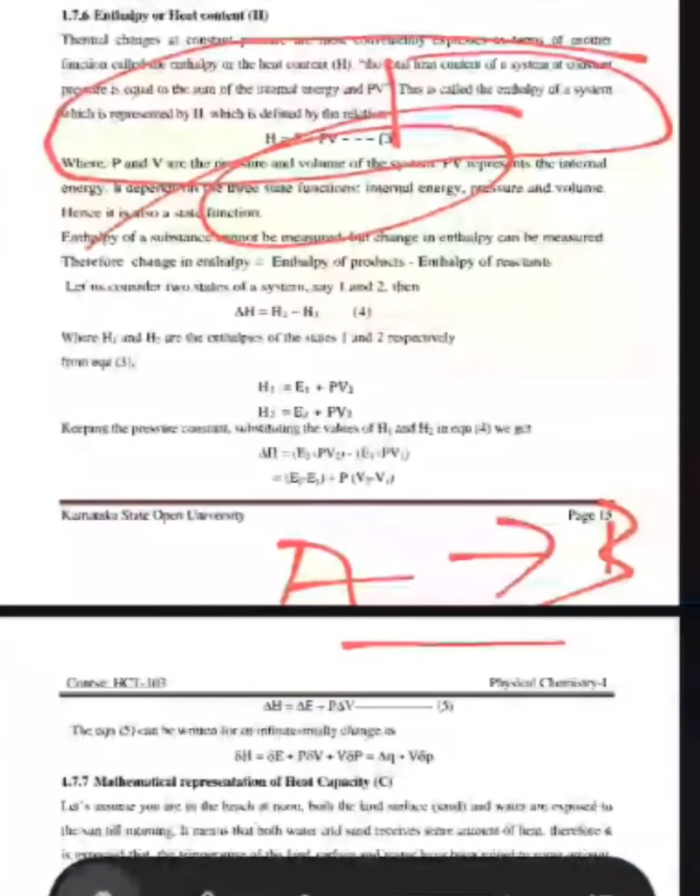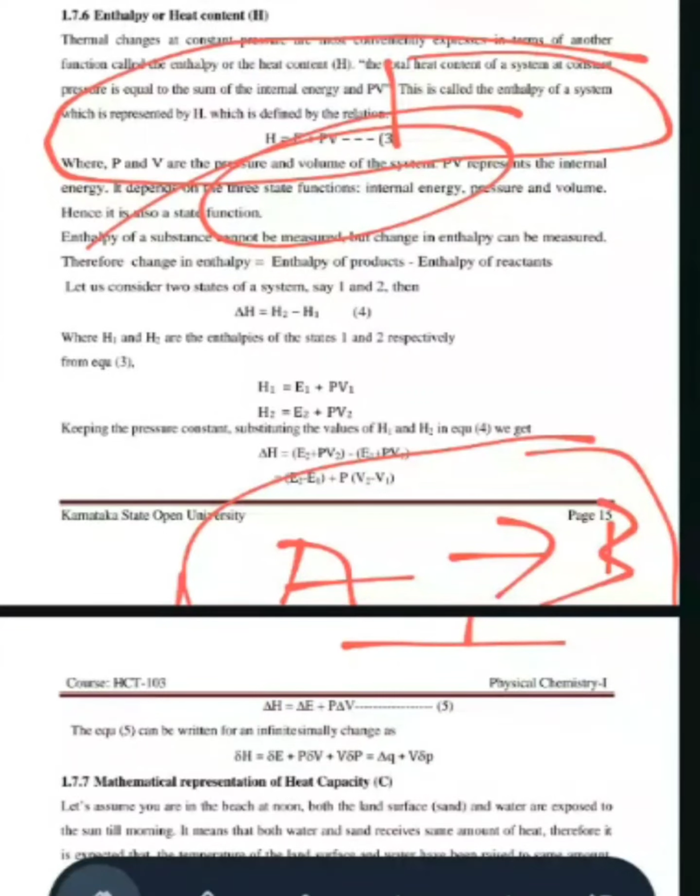Whatever the changes in this reaction, whether heat is liberated or absorbed by the system, can be studied here. So to study that, the change in enthalpy is equal to the enthalpy of the product minus the enthalpy of the reactant.